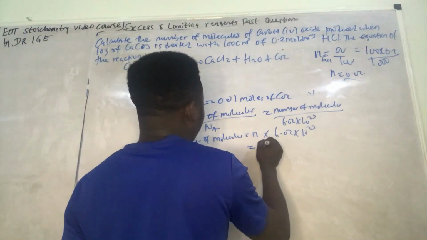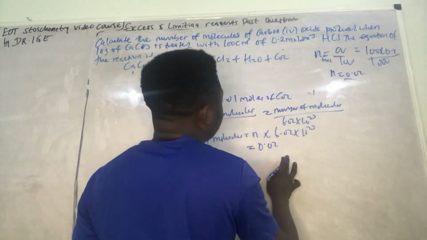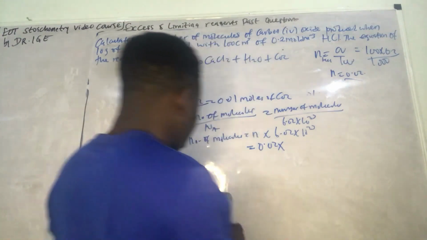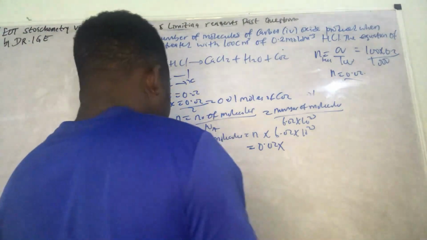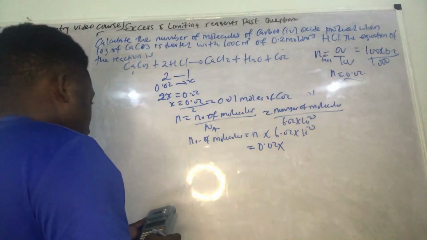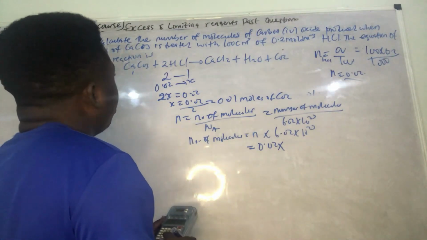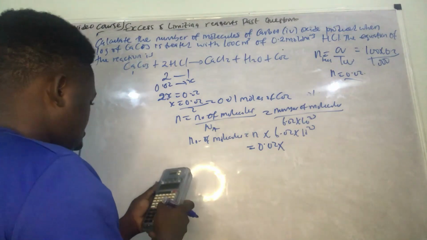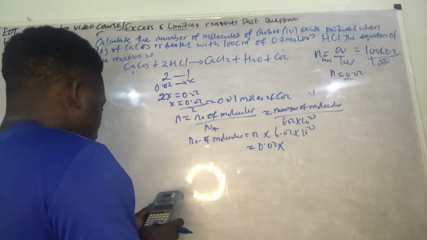What is N? 0.02, right? I made a mistake. Let me see this again. 100 and 0.2 and 1000.